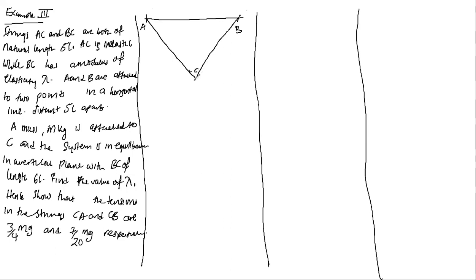This is where C is. And at C, they have put a mass of mass m, giving me mg. AC can have tension T1, then CB can have tension T2.